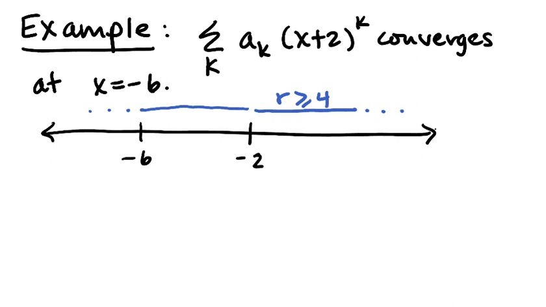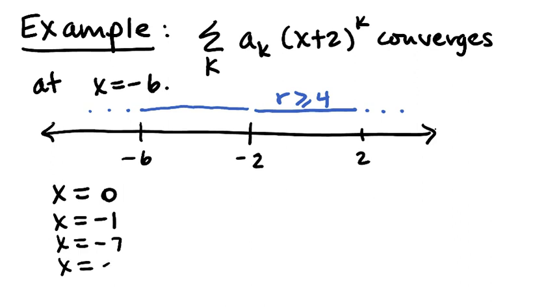Okay, so -2 plus 4 would be +2. So they could ask you questions about x equals 0, x equals -1, x equals -7, and x equals +2. Okay, so at x equals 0, what can we conclude?